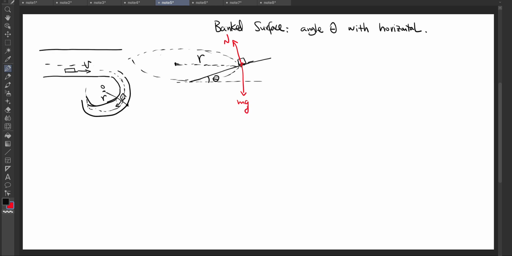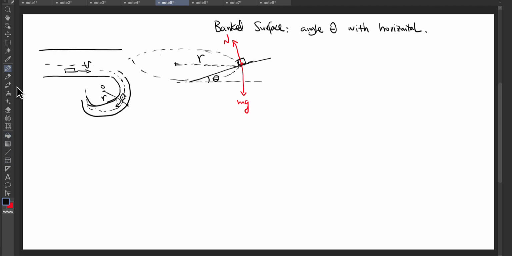And there must be a friction force. Actually, we cannot say that right now, because the friction force depends on the car's tendency. We know it's static friction, but we don't know the direction of it. That's why I cannot draw it right now. We need some more conditions, so let's put in some more conditions here.